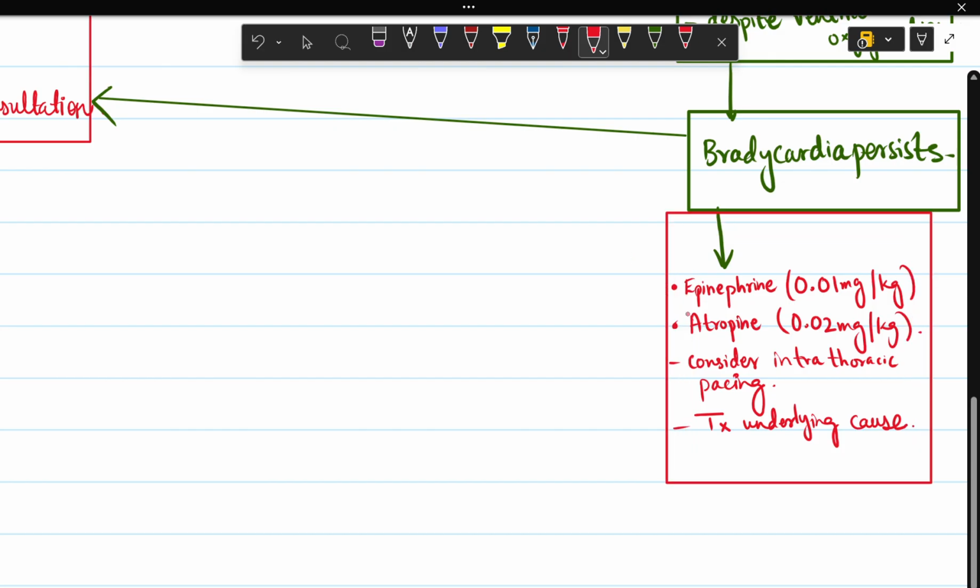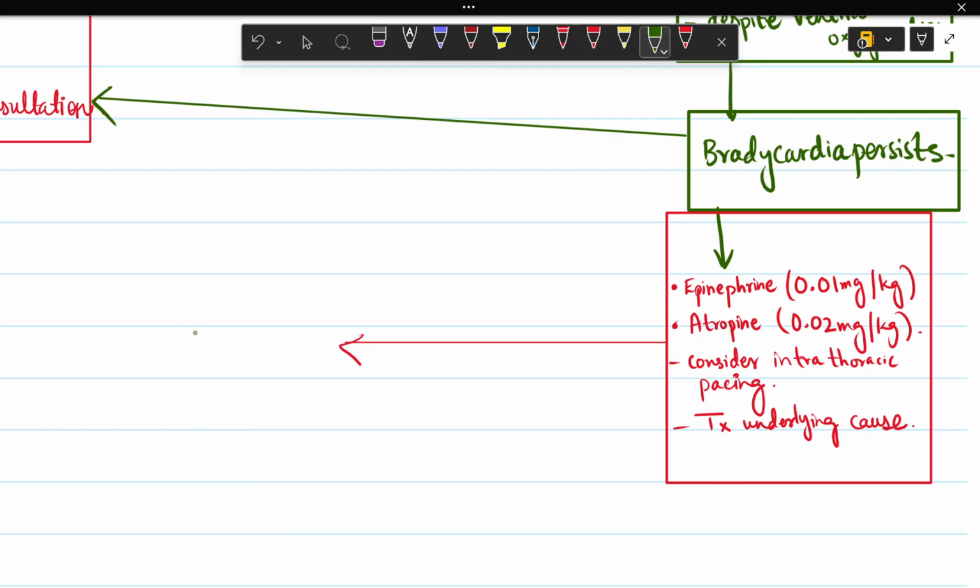Now, for example, you've given the patient epinephrine, atropine, pacemaker has been placed as well, but the child still doesn't continue. If pulses arrest, like that's exactly what will happen next, right?